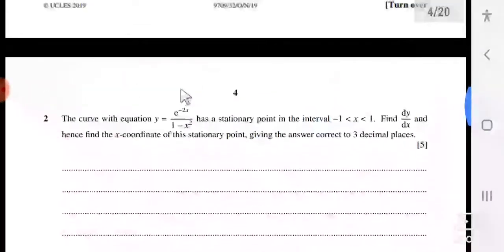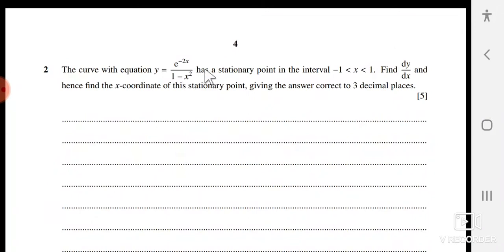Now I'm moving forward to my next question. This is a curve given in exponential form, and it says find dy/dx.